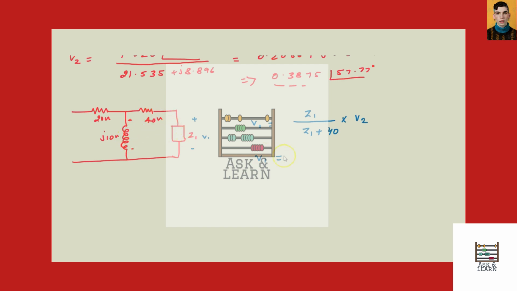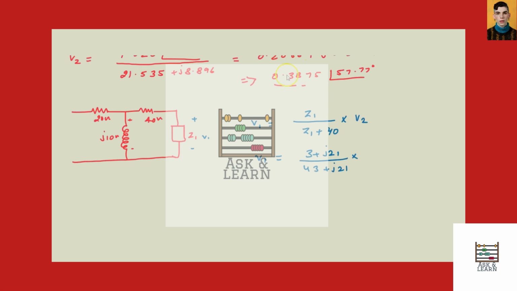Fine. So V1 equals to, what about the Z1? Z1 will be 3 plus iota 21 upon 43, total impedance 40 plus Z1 is 3 plus iota 20, so 40 plus 3, 43 plus iota 21 plus iota 21 multiplied by V2, and V2 will be this one.